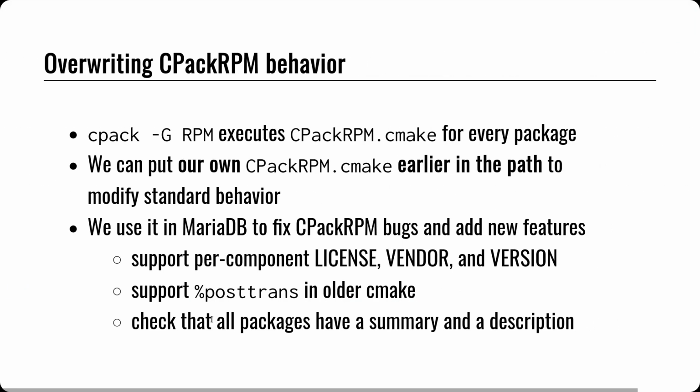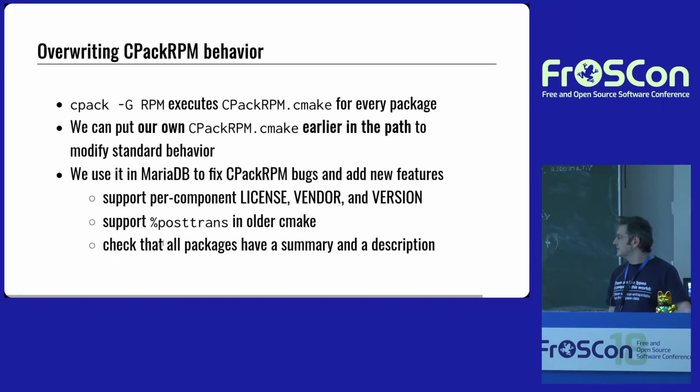The second trick is a neat and very powerful one. What happens when CPack -G RPM is run? It needs to generate a spec file for every single package. To do that, it invokes CPackRPM.cmake.